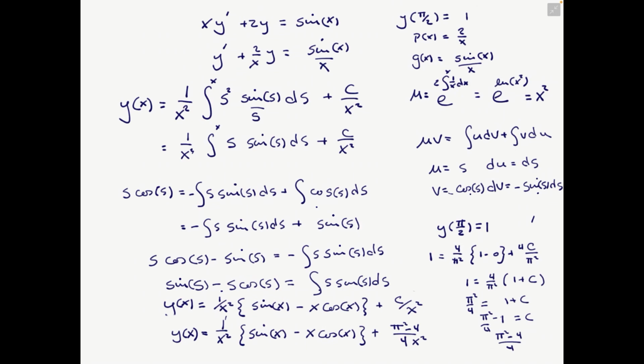Yet the book has y equals sine of x on x squared. Now that's the first term. It's as if this term and that term canceled. But cosine of pi on 2 is 0.